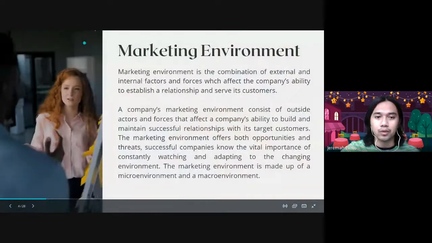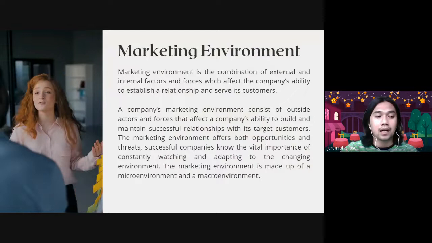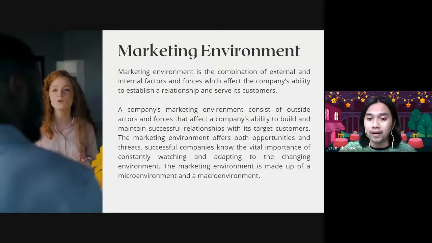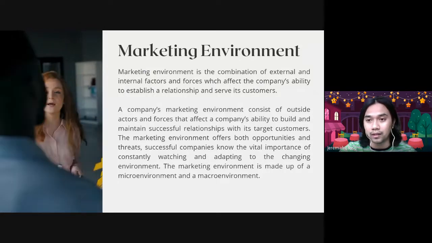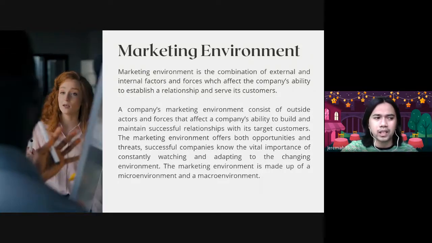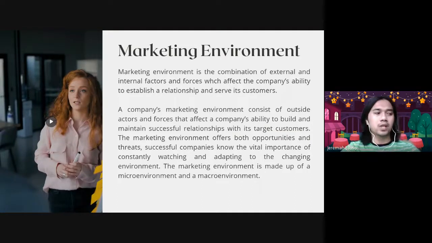But before I give that, what's your idea of the difference of micro environment and macro environment? Considering that we come across these words many times, like you have a subject in macro perspective, you also have micro perspective, and you are done with that.